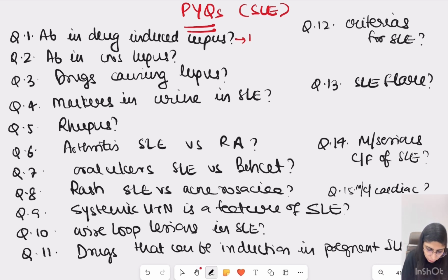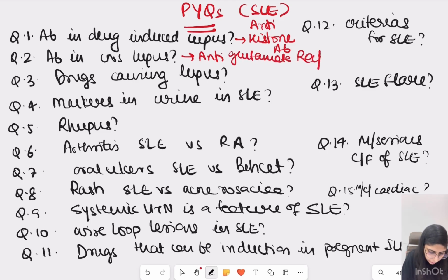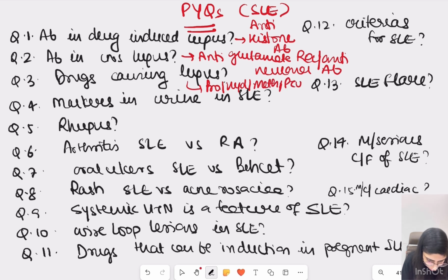Antibody in drug-induced lupus: antihistone antibodies. Please give yourself 1 mark for each correct answer and -1 for each wrong answer. Antibodies in CNS lupus: anti-glutamate receptor or anti-neuronal antibodies. Drugs causing lupus: procainamide, hydralazine, methyldopa, propylthiouracil, sulfasalazine, lithium.